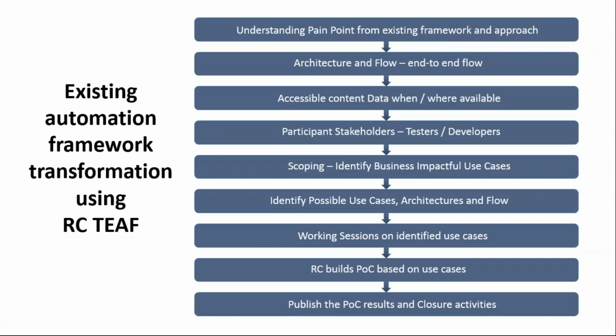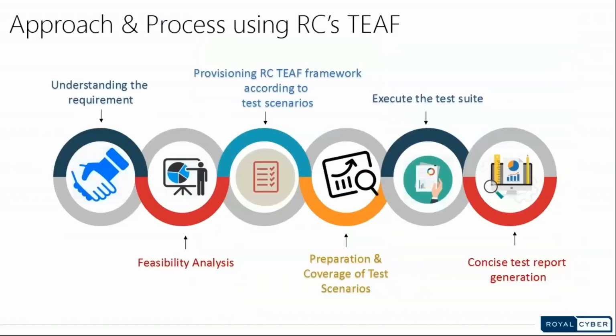And once the decision is made, this is the kind of approach that we take to implement our solution. Basically understanding the requirements once again, doing a feasibility analysis of how much automation is possible to achieve and what improvements can be made. Then the provisioning of the framework happens, wherein we set up the framework and start automating. So we start preparing the test cases, we automate.